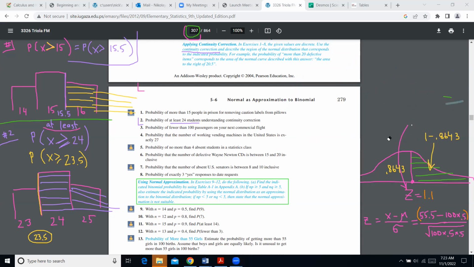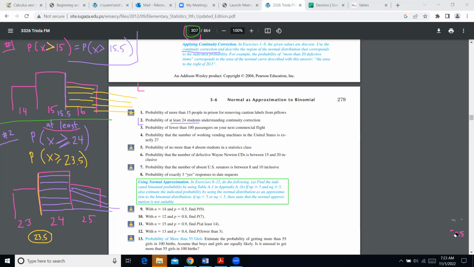So let me do problem number 3, and then maybe you can do number 4 as a quiz for today. Later exercises after 9 have more steps. So that's why I'm going to continue talking about this section next time, of course, because definitely we need more problems to be done.